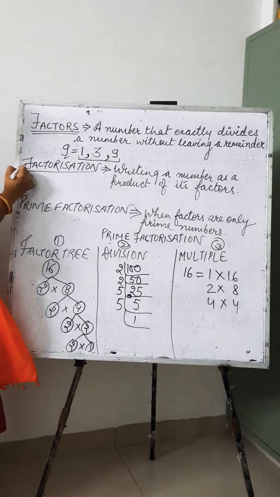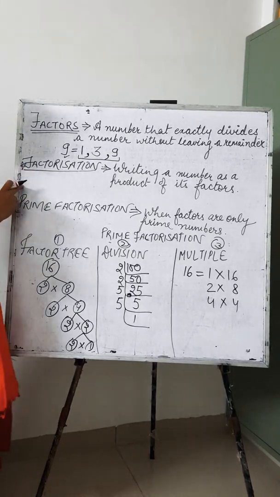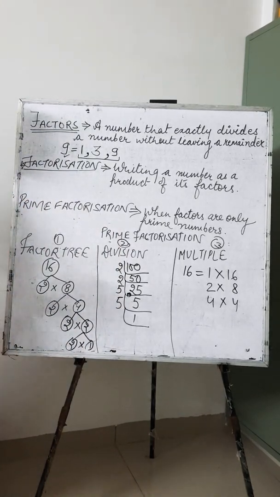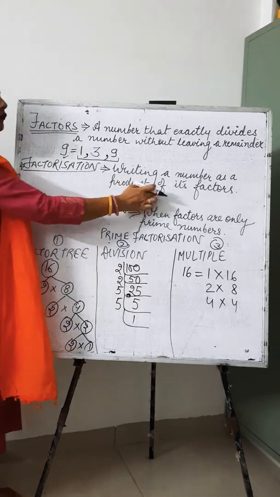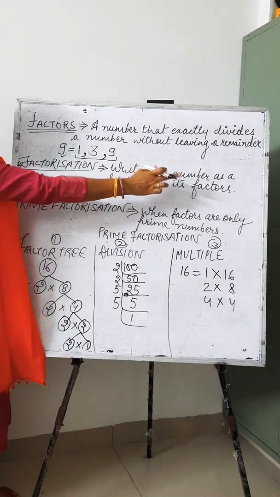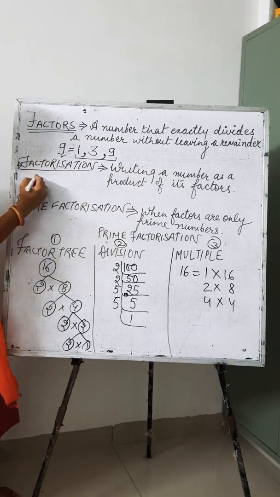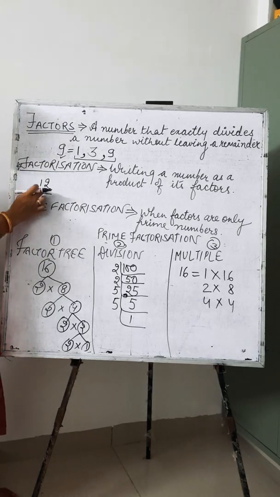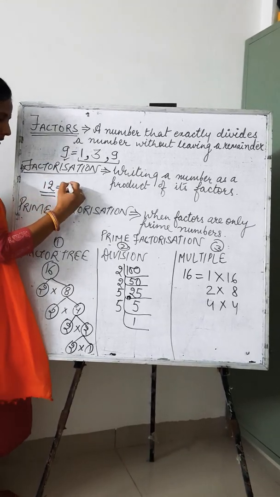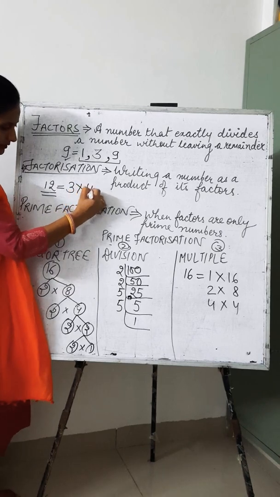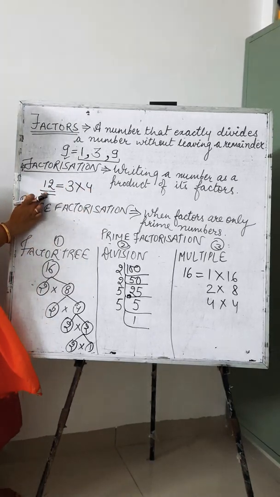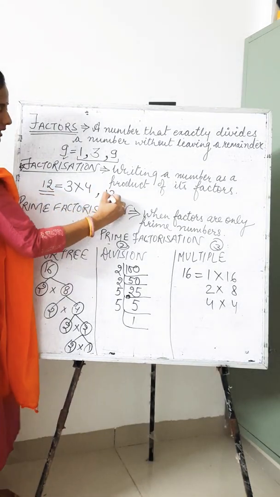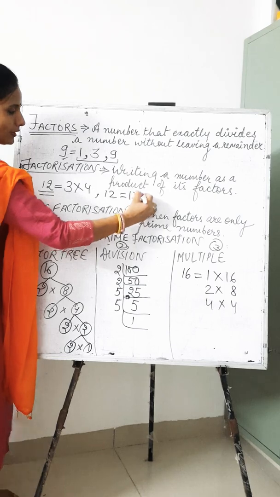So here I come to know that these all are the factors of this number. Now next is factorization. What is factorization? It is a simple term which states writing a number as a product of its factors. If I am taking an example of 12: 3 multiplied by 4 is 12, or we can write 12 is equal to 1 multiplied by 12.